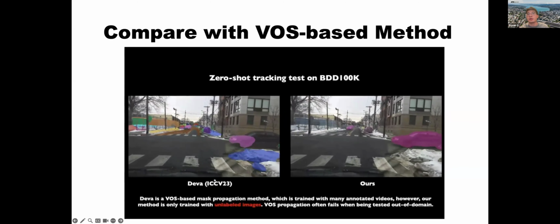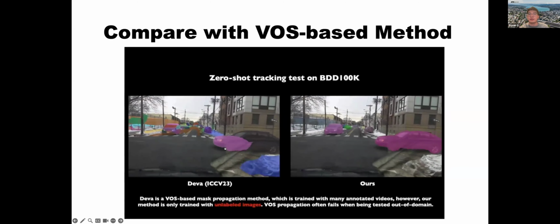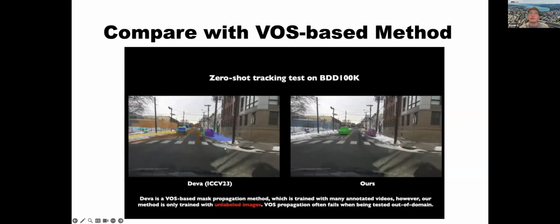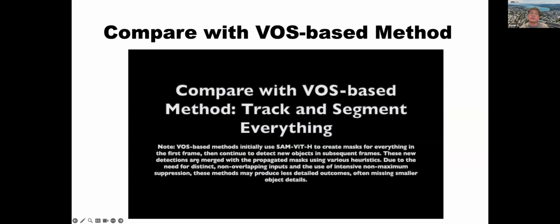It cannot deal with new objects. You have to run the detector every time, and once you have multiple objects, it's very bad. For example, you will propagate the wrong object mask into the scene because the object already left, but is still encoded in the memory. So this kind of method is not ideal for the multi-object tracking scenario.